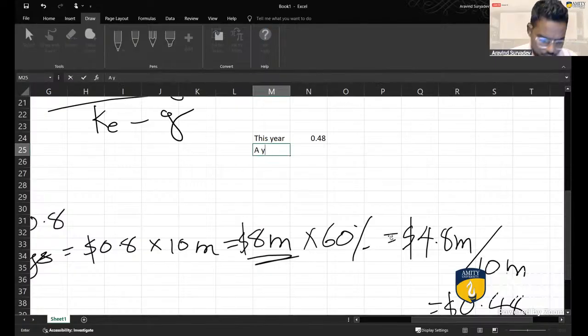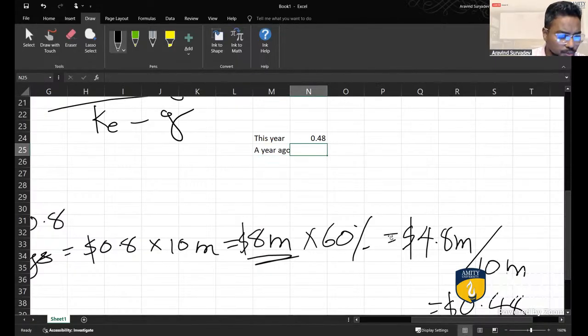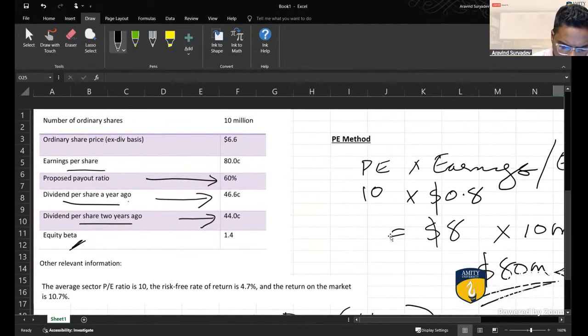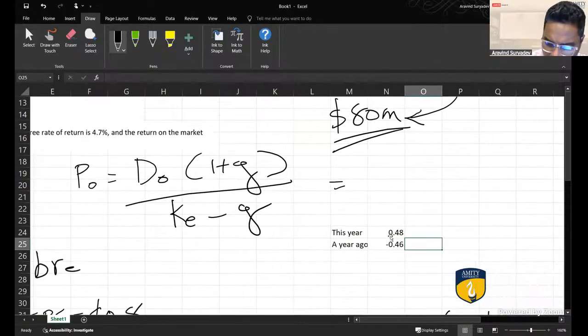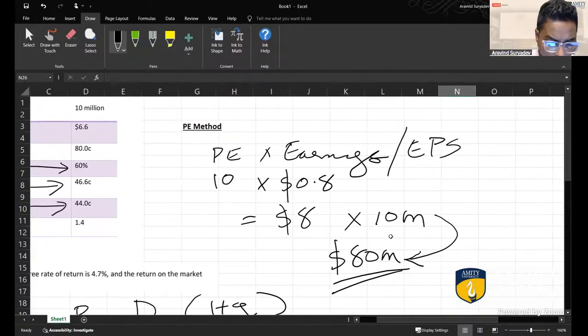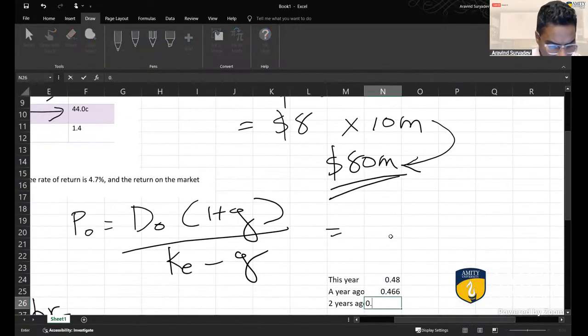A year ago, it was supposed to be 0.46, I think. Let me just check that once. Yeah, 46.6 cents, so 0.466. And then 2 years ago, it was supposed to be 0.44. Okay, 44 cents. Cool.